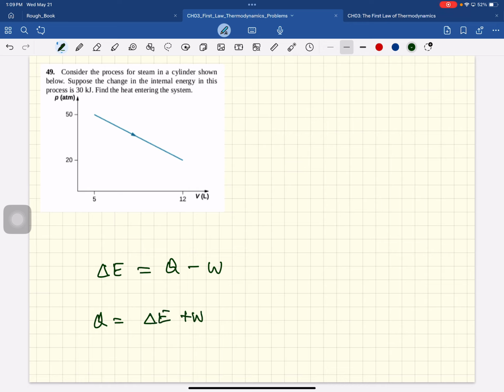What is W? Let's do W. W is area 1 plus area 2.